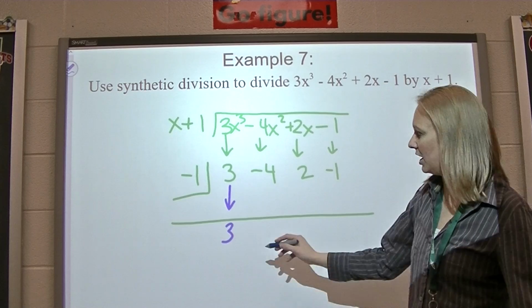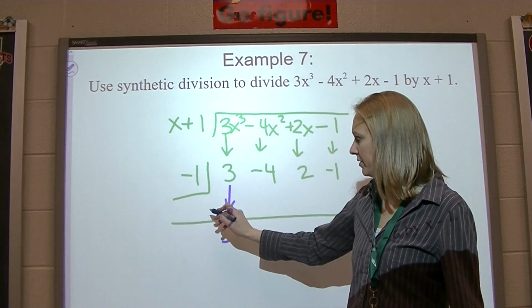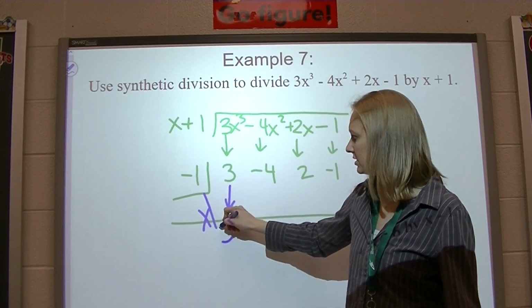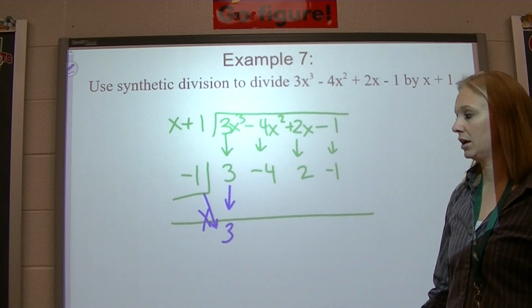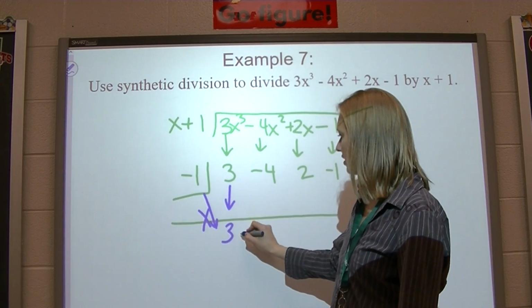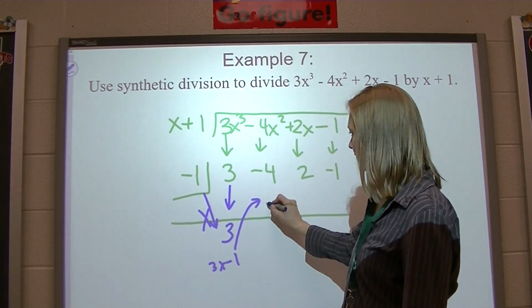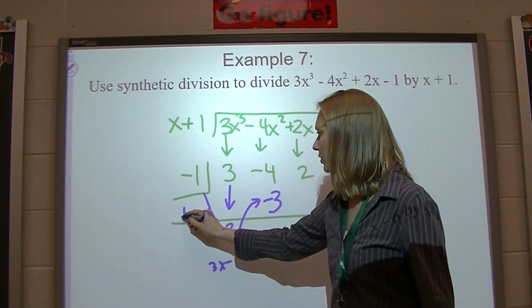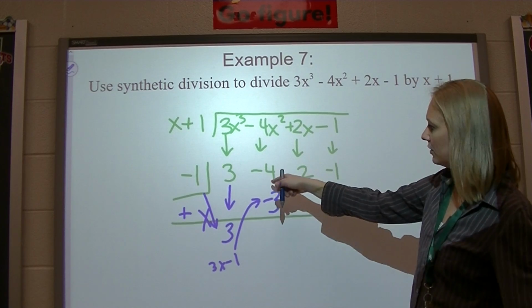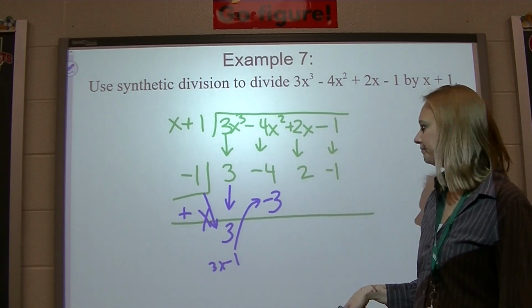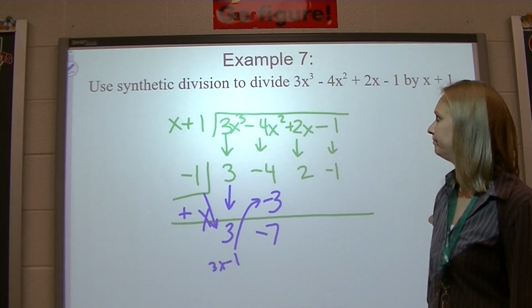So then you have to take 3 times -1. 3 times -1 is -3, so that goes here. And then here we add. So -4 plus -3 is -7.